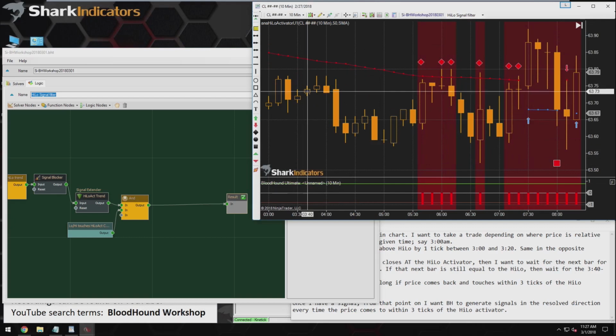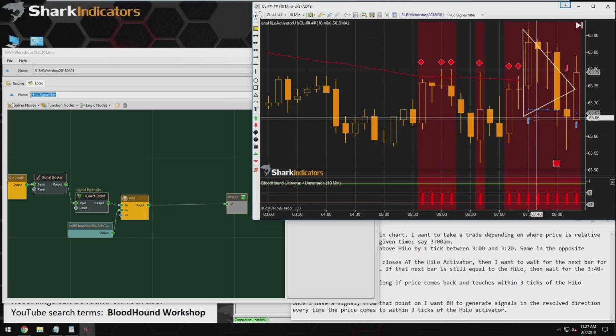We're going to need to build another kind of filter like this, because clearly the bar is now above the high-low activator. So price isn't bouncing off of it anymore.